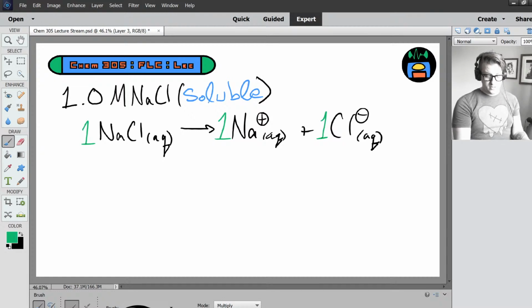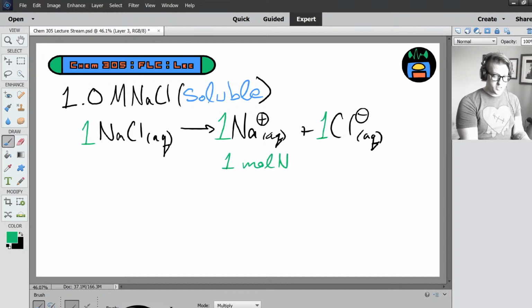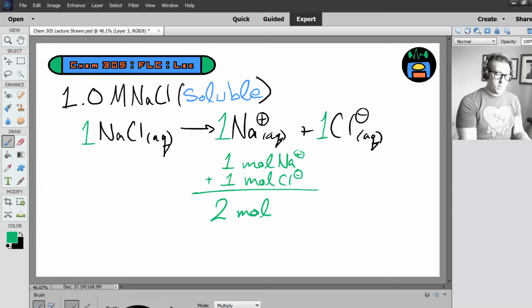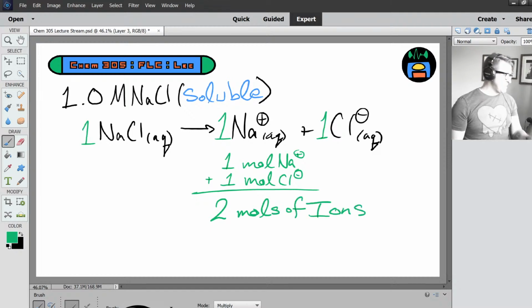So together, your 1 mole of sodium plus your 1 mole of chloride means that you have a total of 2 moles of ions in that solution. All right. The number of particles that a compound in solution splits up to is called i.